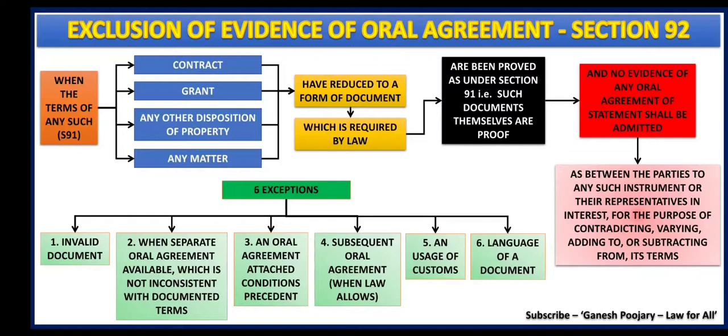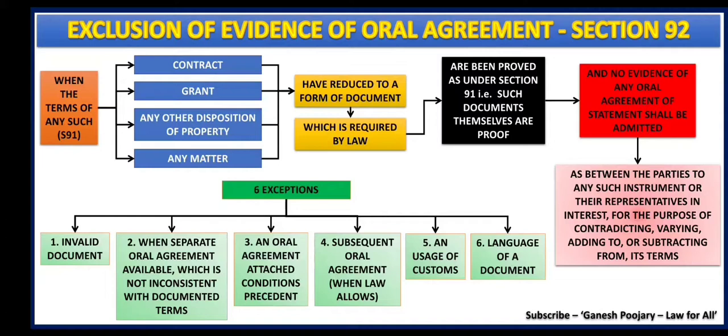Now, looking at the legal language, it says when the terms of any such, and when I say any such, whatever is being discussed under section 91: any such contract or grant or any other disposition of property or any matter.